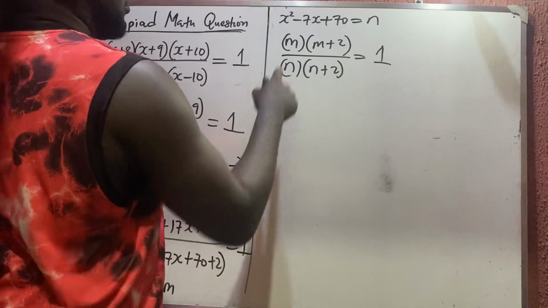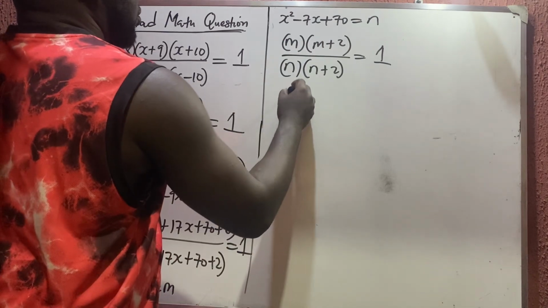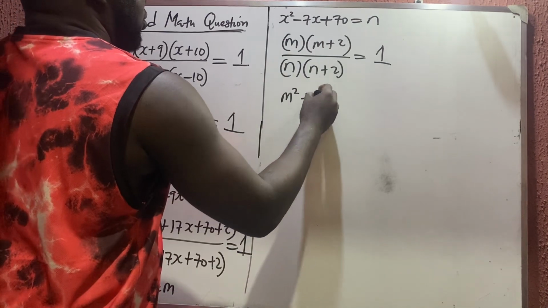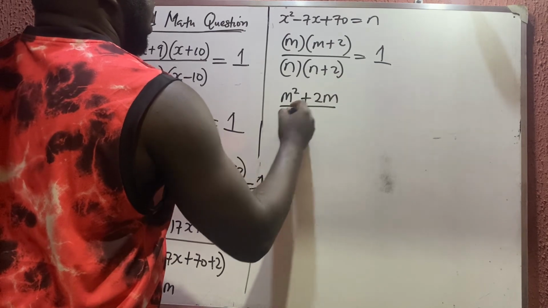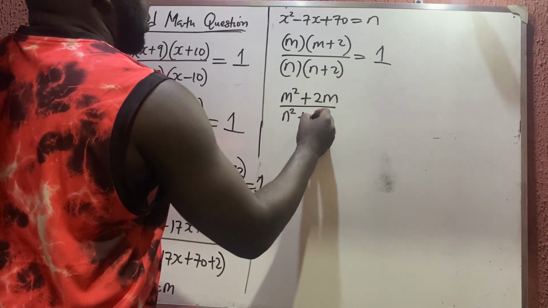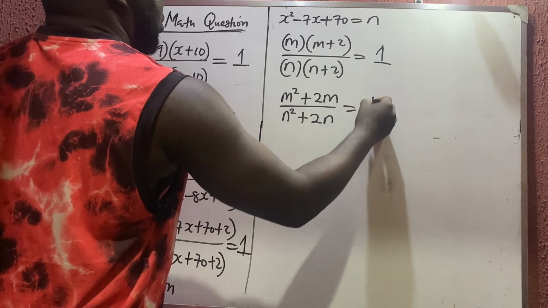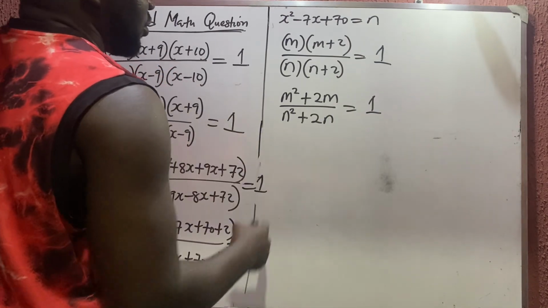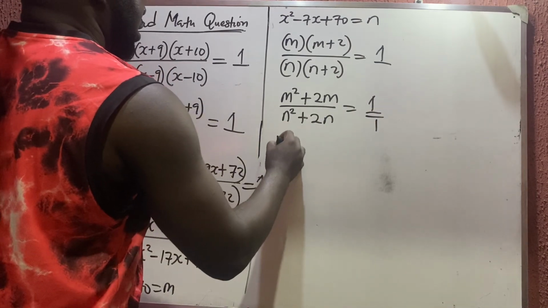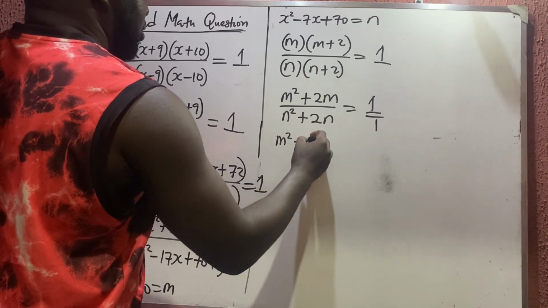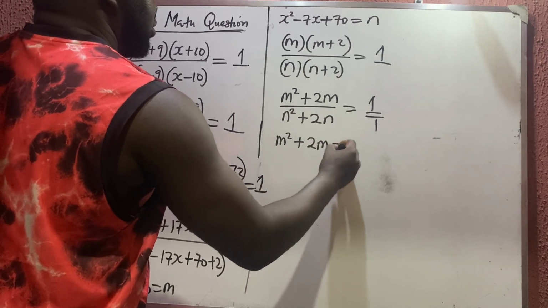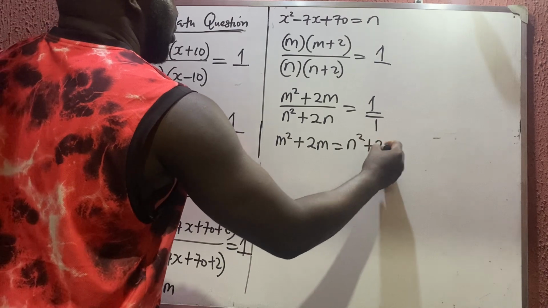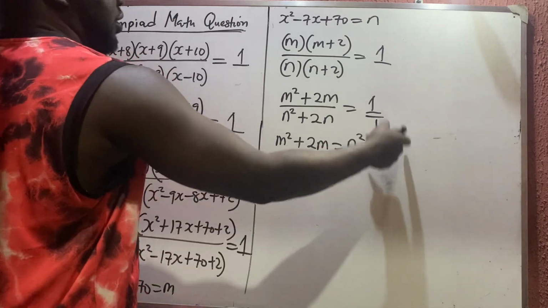So this time this I'm going to have m squared plus 2m all over n squared plus 2n equal to 1. Okay, so if I cross multiply, I'm going to have that m squared plus 2m is equal to n squared plus 2n. Now bring everybody to this side.